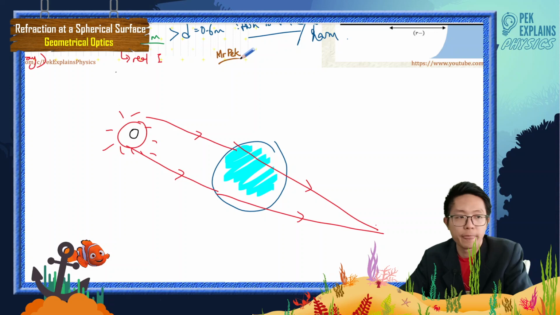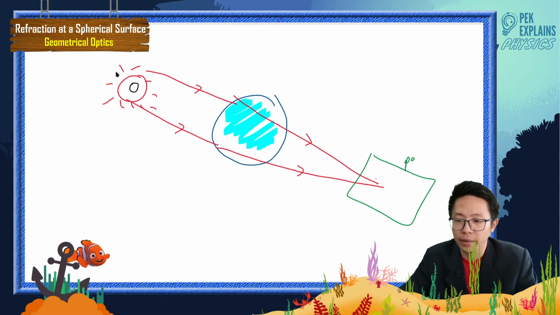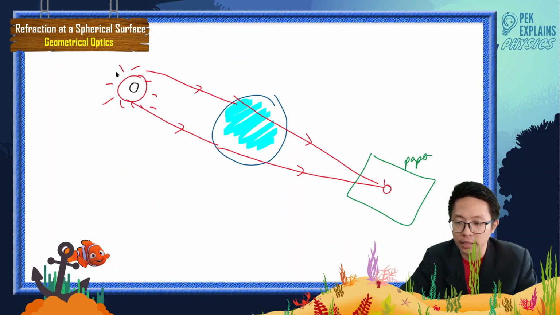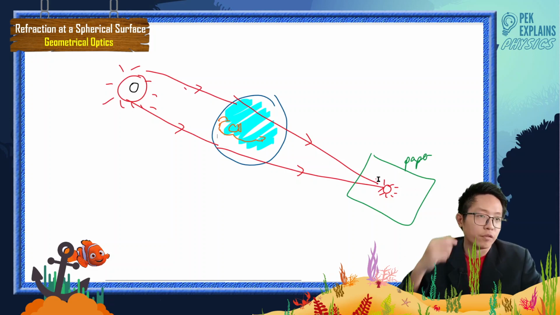That means if you put a screen over here, let's say a paper, you can see the sun over there. So inside the water is safe. The fish can swim happily in the water. So the light focuses outside the fishbowl.